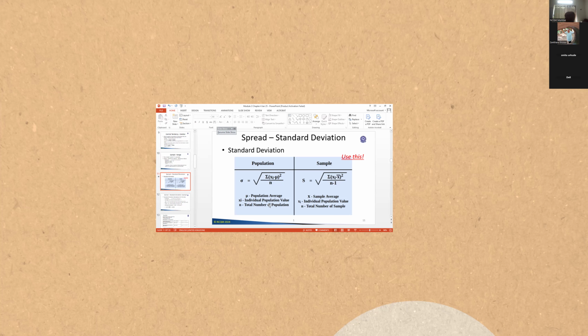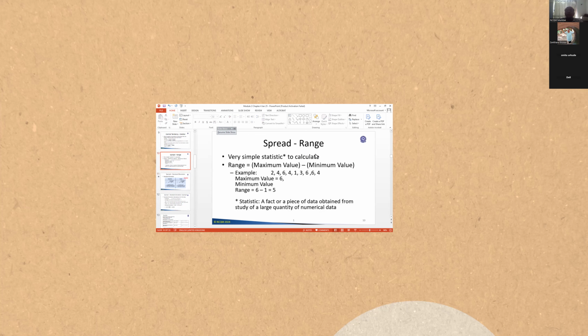In the sample, n minus 1 is there. This is to cancel the factor of any bias which is there in the sample as compared to the population. So you understood how to calculate. Calculate for the sample. Use the right-hand formula. Find out the standard deviation for this data.